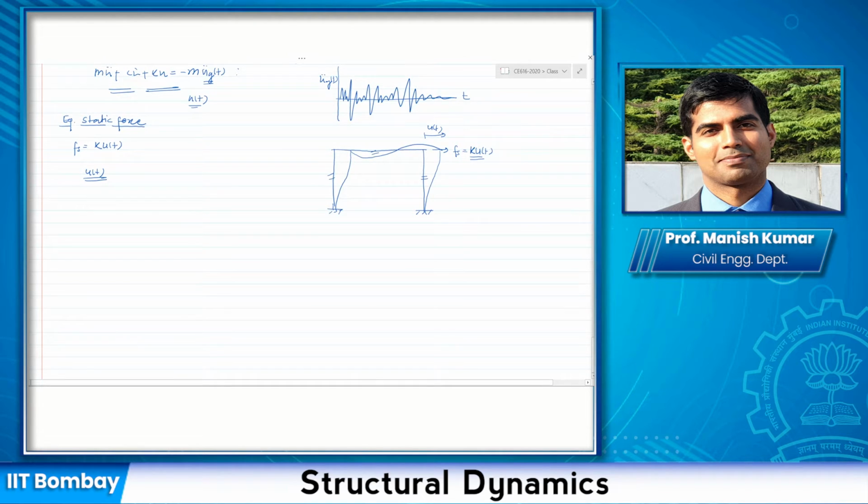And you might ask, why do we do that? Why can't we just find the forces using the dynamic analysis? Because it is relatively easy to find u(t), but if you have to do the dynamic analysis and find the individual member forces directly, then it becomes difficult.